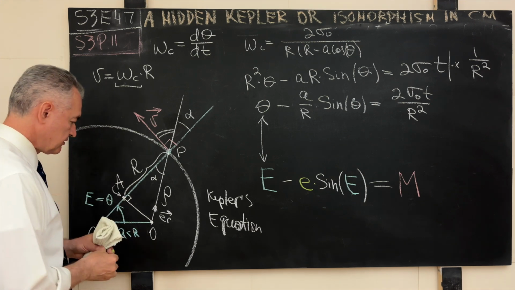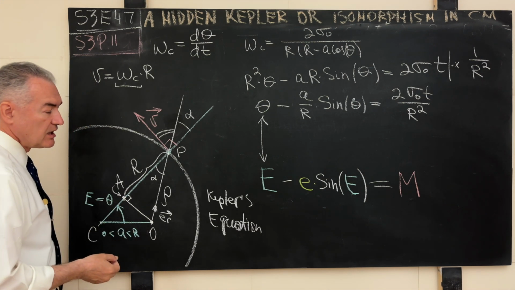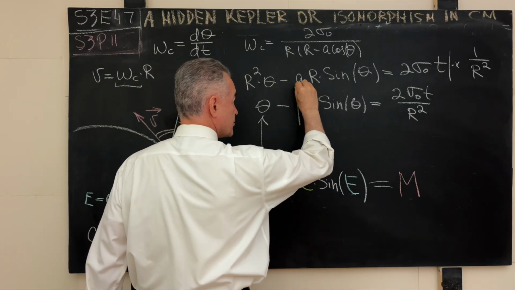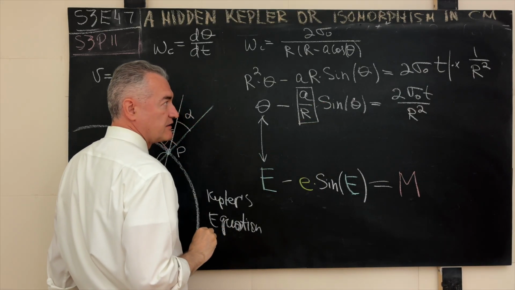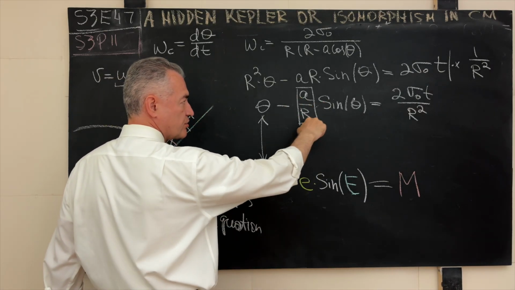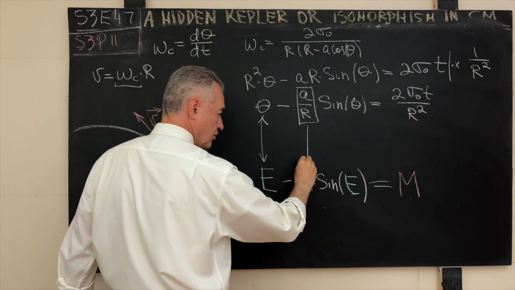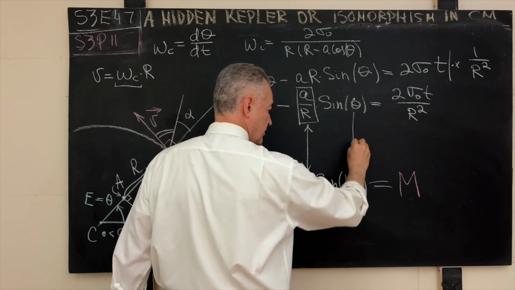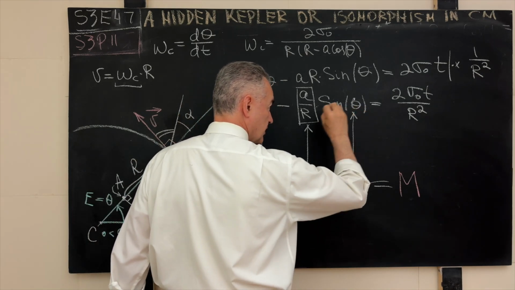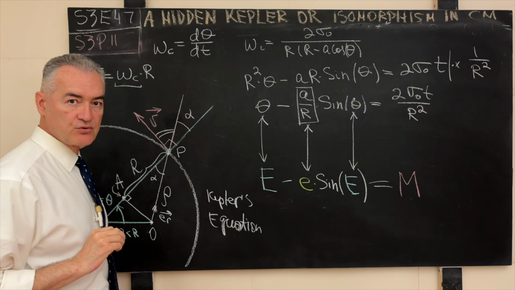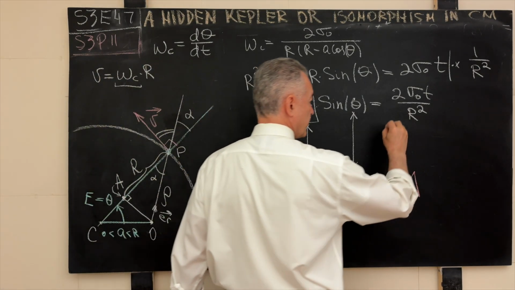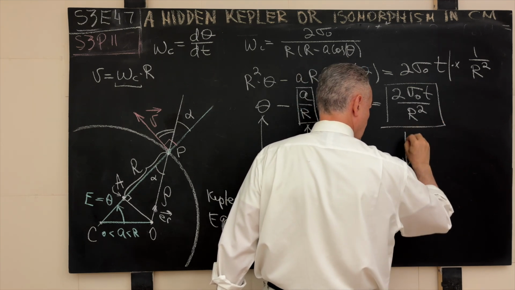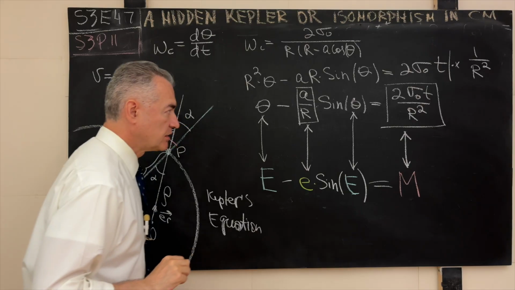And then we correlate this ratio, A divided by R. Remember, A is less than R, so this ratio is less than 1, to the eccentricity of the orbit. Now our angle theta over here still correlates to eccentric anomaly, and this animal right here is correlated to mean anomaly.